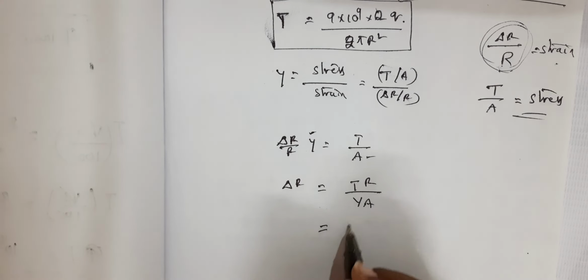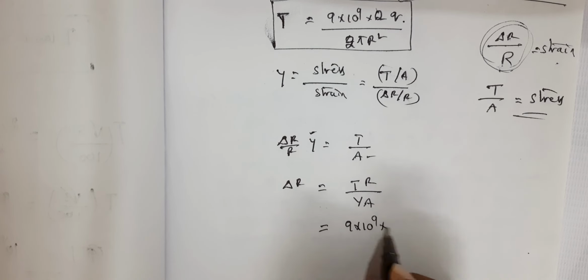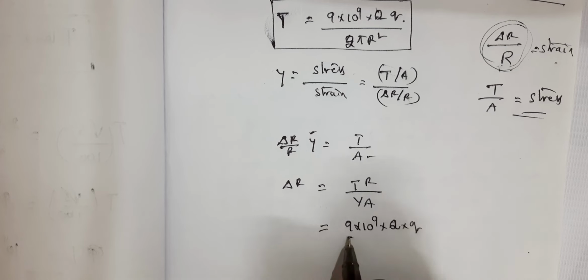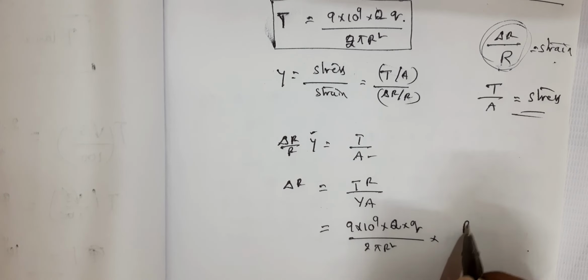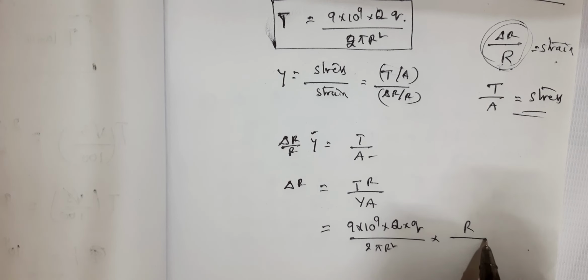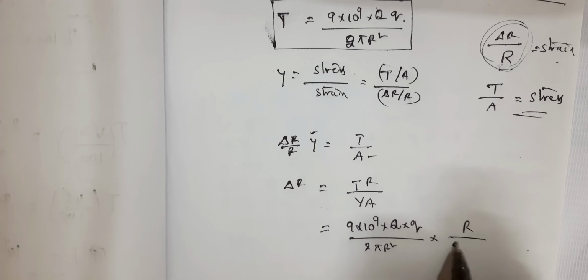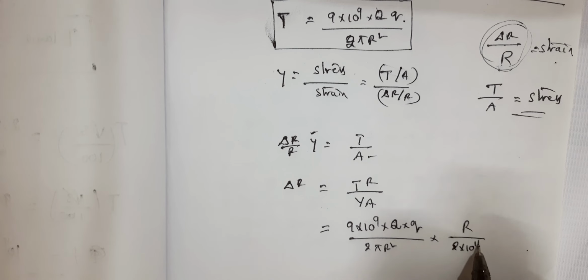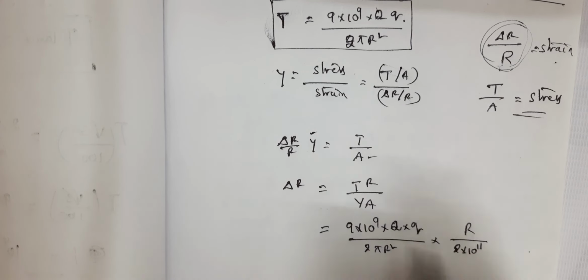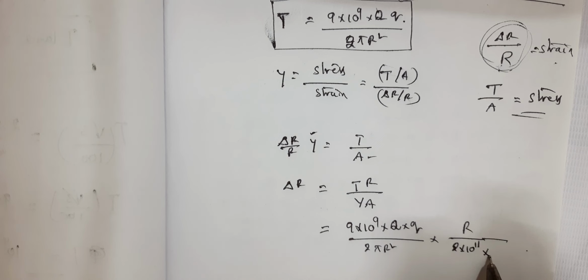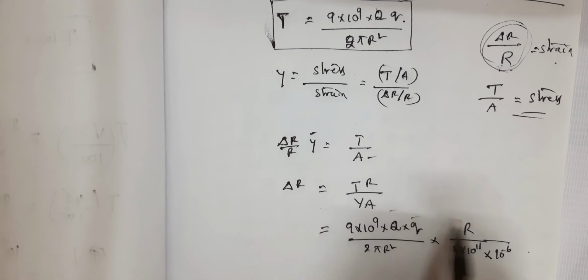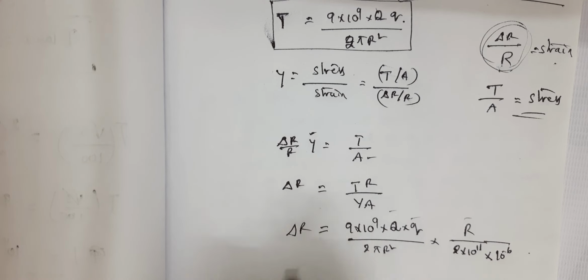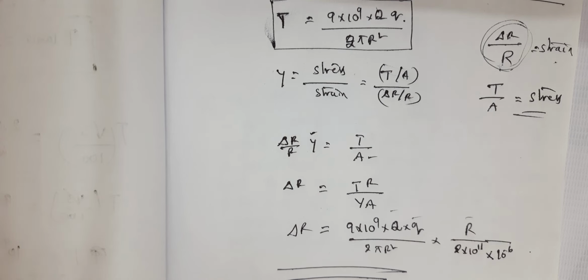What is my T? 9 into 10 power 9 into q by 2 pi r square is T, into R, divided by Young's modulus of the metal, which is given to be 2 into 10 to the power of 11, into area of cross section, which is given to be 10 power minus 6 meters square. So now substituting all these values, you will find delta R. I'm leaving the simplification part to you.